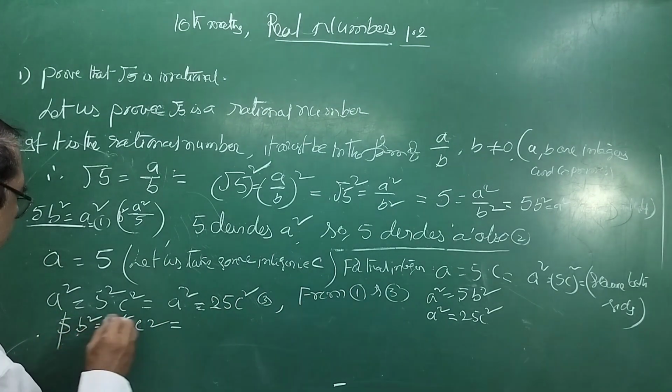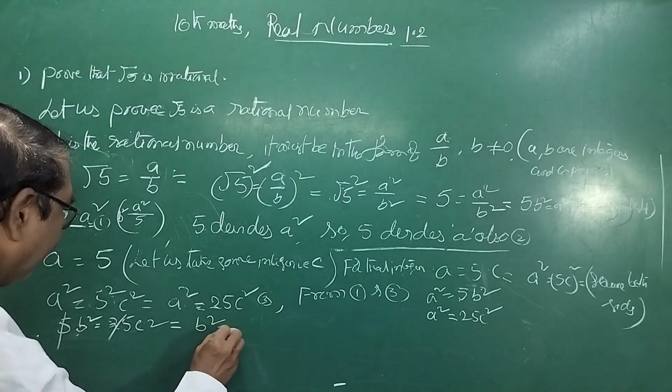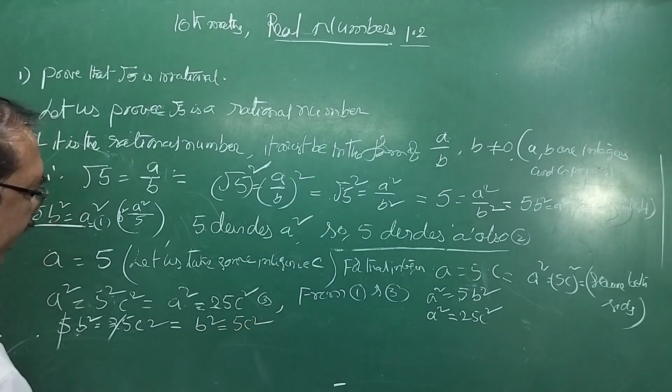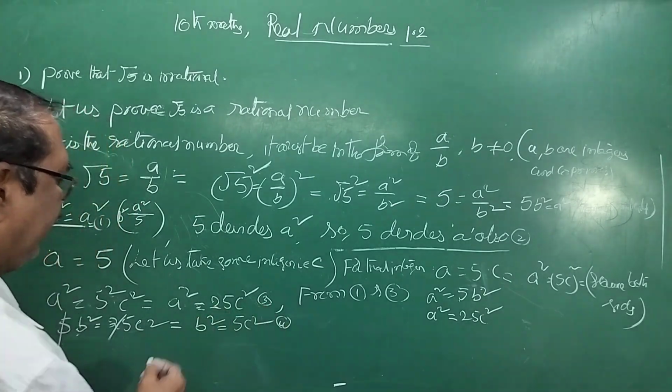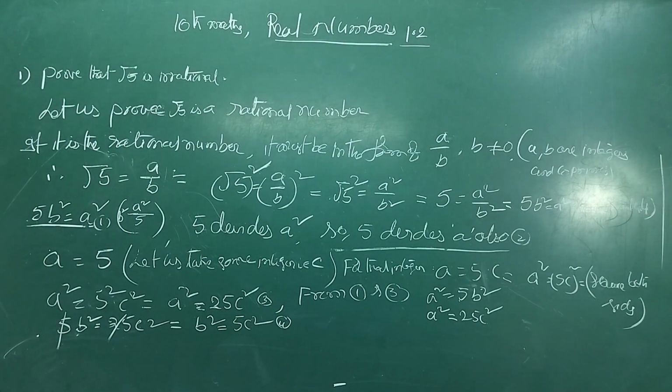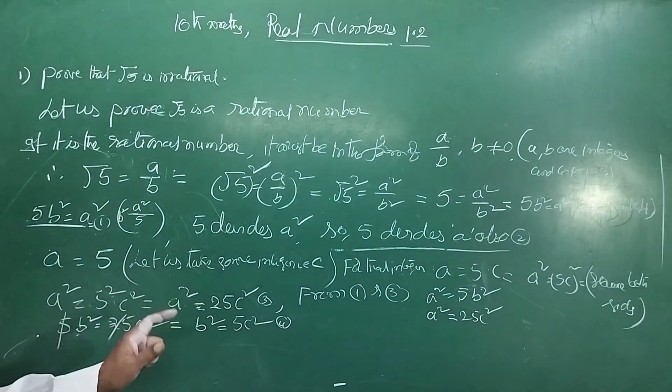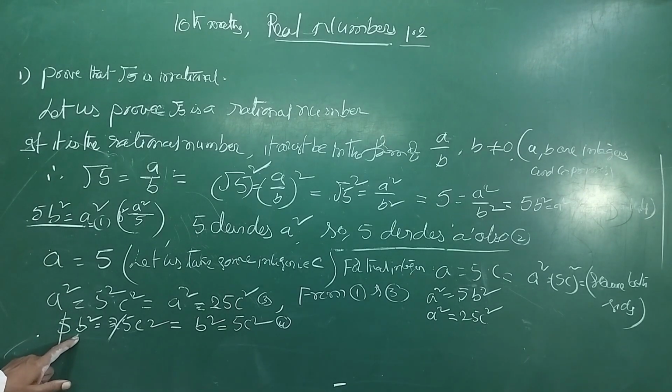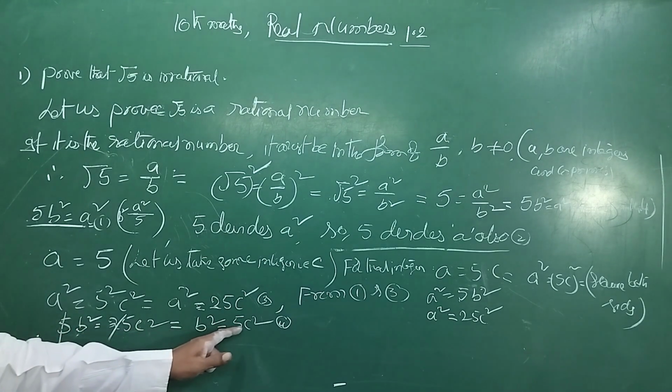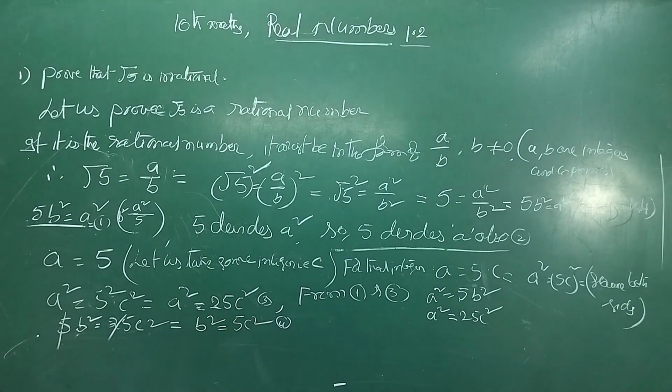Therefore, b square is equal to 5c square. Yes, 5b square is equal to 25c square. Let us calculate: b square is equal to how much, 5 times goes. b square is equal to 5c square.